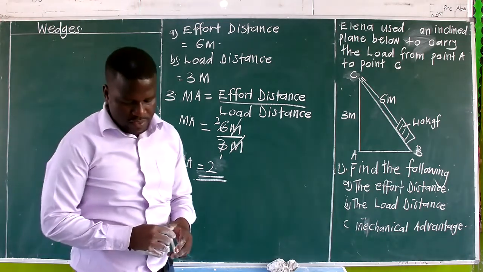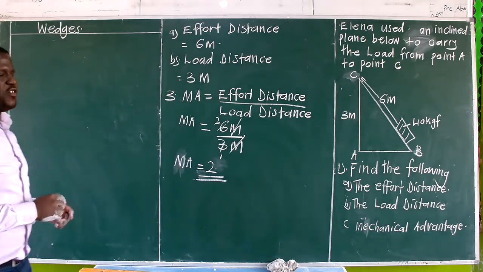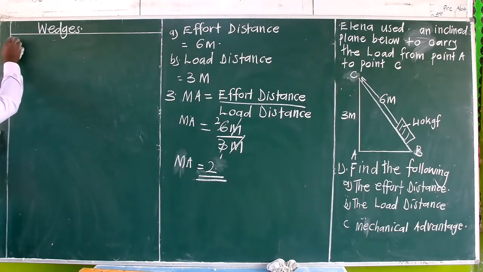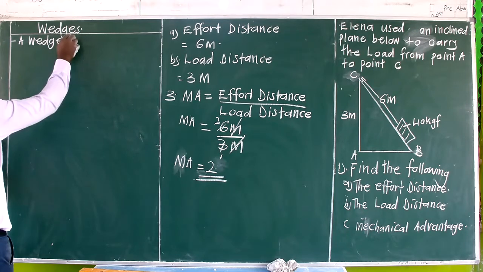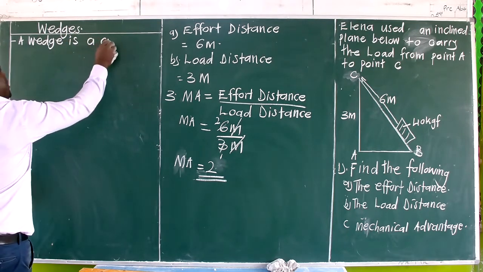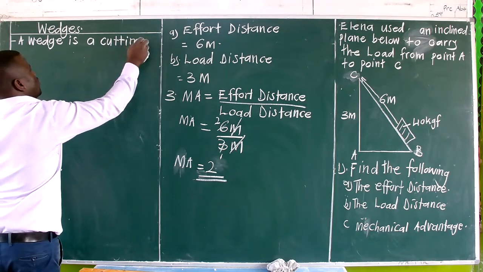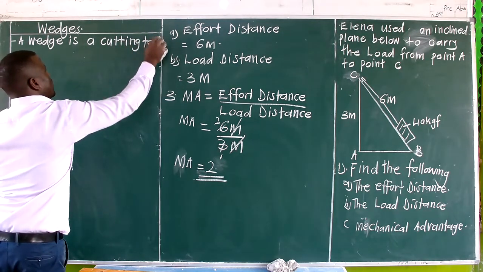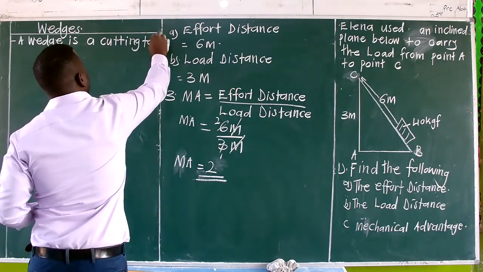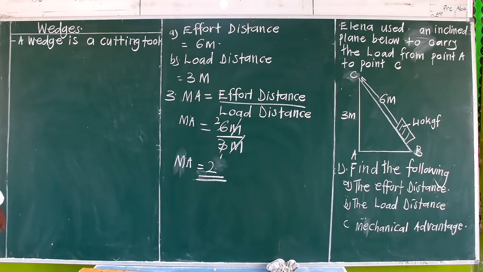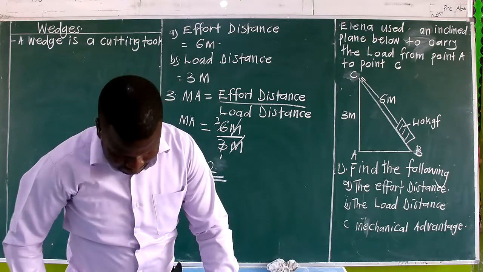It is also called a double inclined plane. Or you can say a wedge is a double inclined plane.